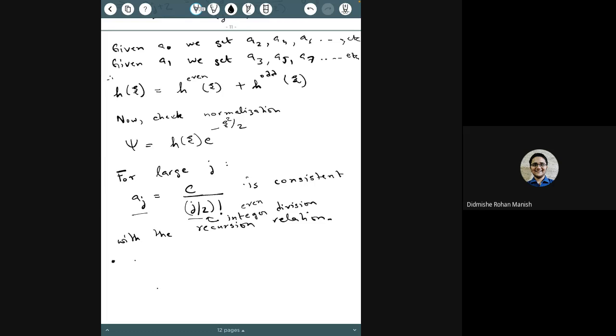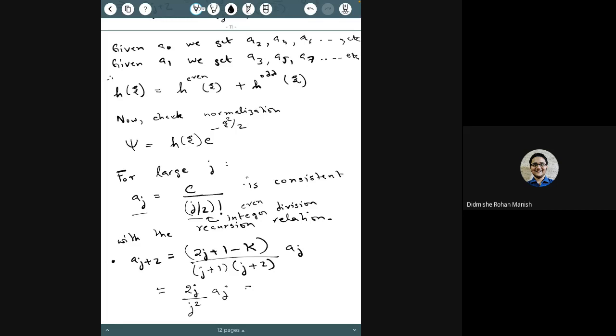Let's see. If a_{j+2} is (2j + 1 - k) by (j + 1)(j + 2) times a_j, then if j is large, from the numerator I can ignore 1 minus k. So I get 2j, and in the denominator I get j squared, times a_j.